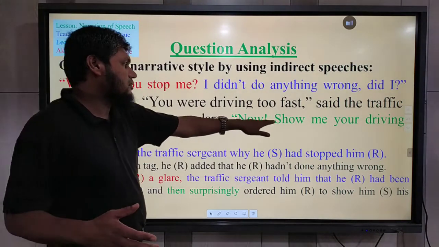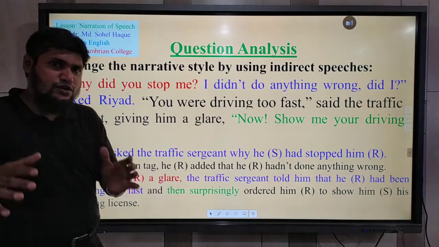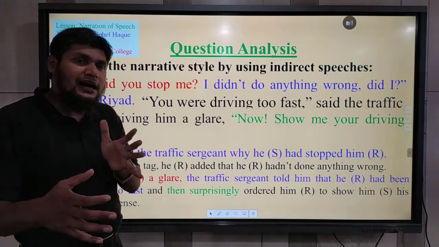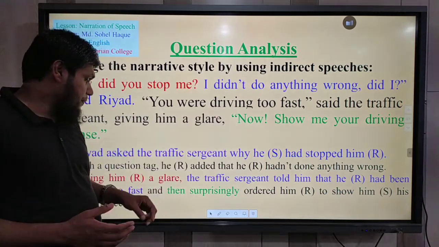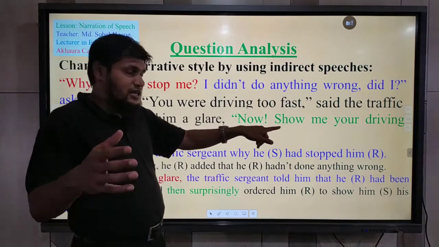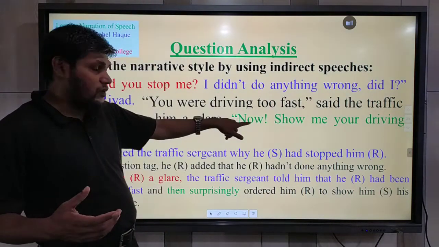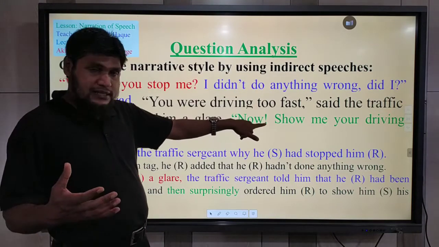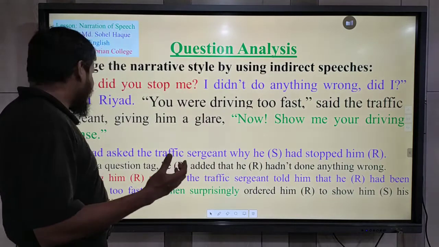Then the second one. The second one is delivered by the traffic sergeant. So you should add it with the first sentence of this speech. Now you should try to understand the sentence. Note of exclamation. Then, show me your driving license.